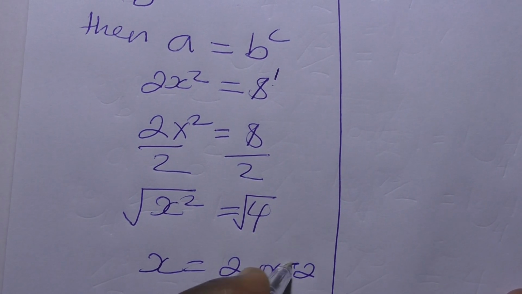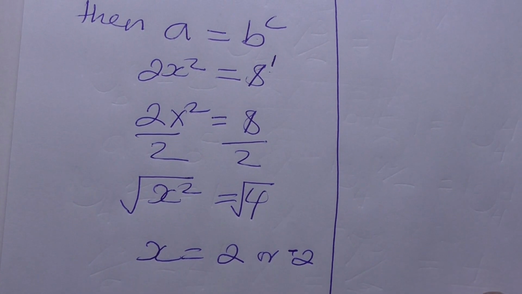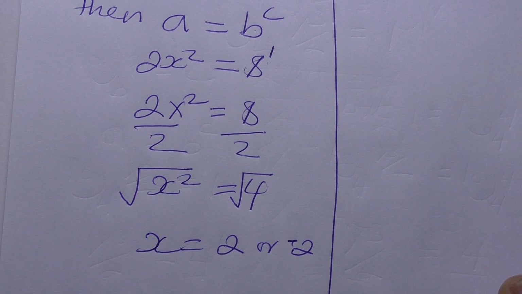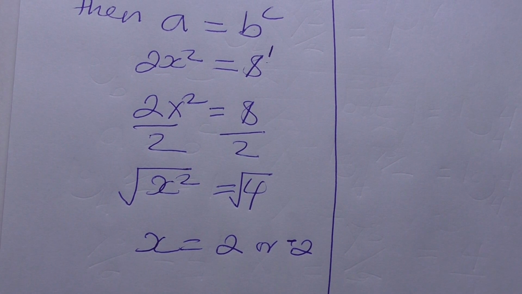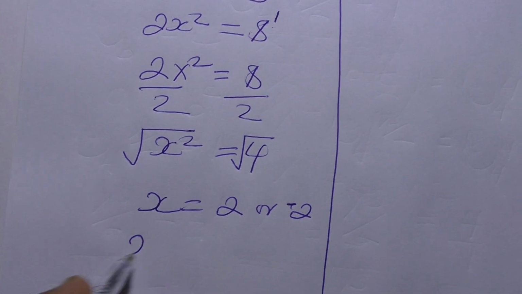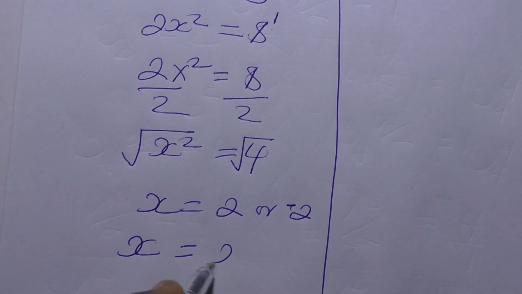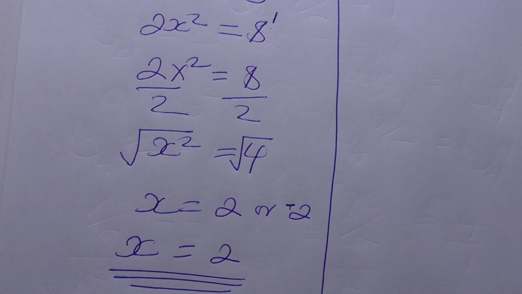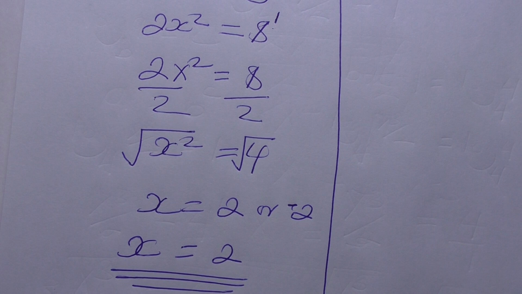Remember, the square root can be either positive or negative. However, in logarithms, in bases, we consider the positive root. So that will be x equaling 2. So that is one alternative.